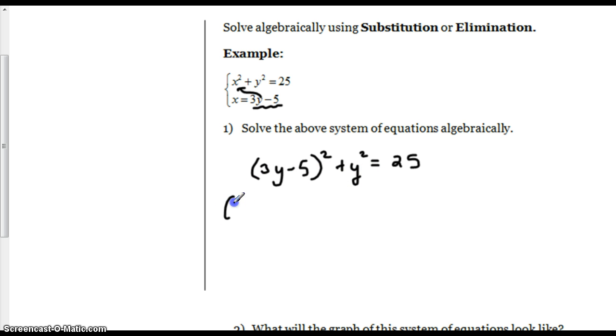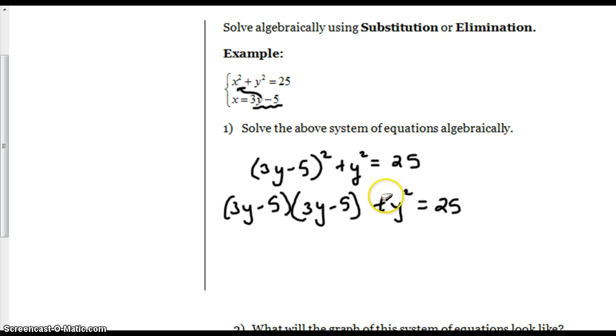And I'm going to FOIL out this binomial. Okay, that looks like a t instead of a plus. Let me fix that. So 3y minus 5 squared, remember, is 3y minus 5 times 3y minus 5.